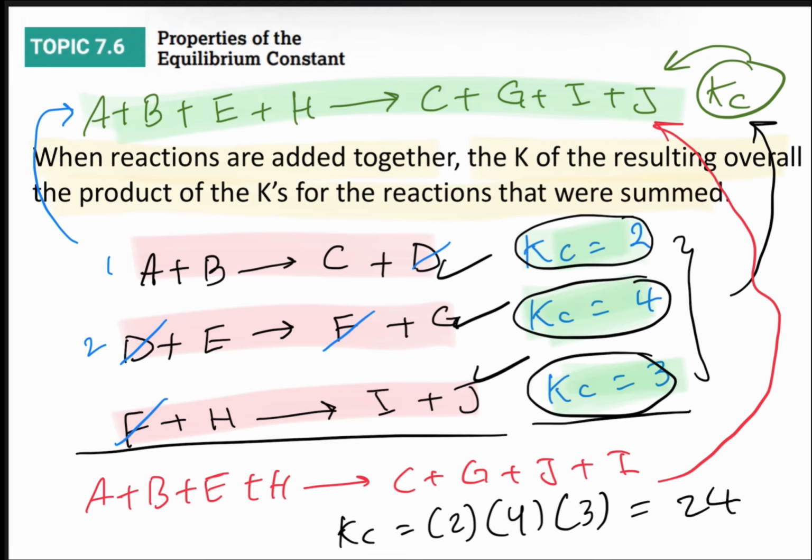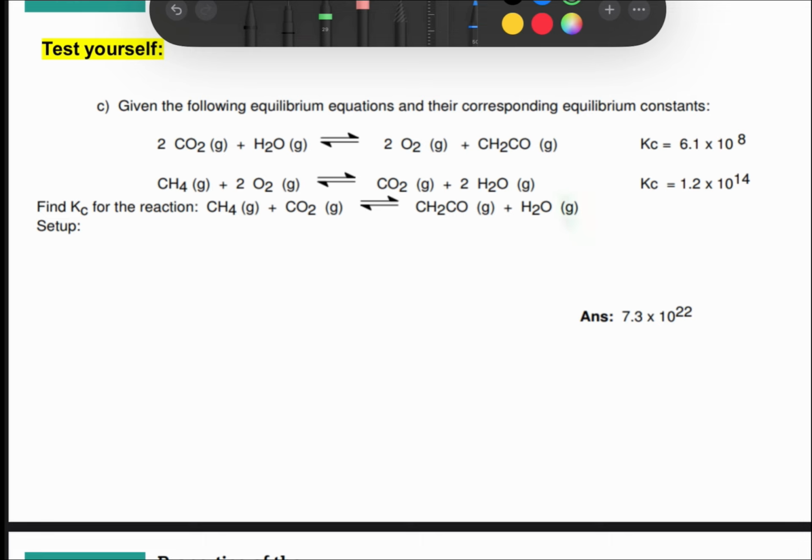Let's take another example. The question says here we have an equation that represents the target one, and we are given another 2 equations. We have equation number 1, equation number 2, with their values of Kc's. Now my question is, how can I calculate the value of Kc for this reaction? You can see if we take the 2 equations, do I manipulate them first or not in order to get this one in here?